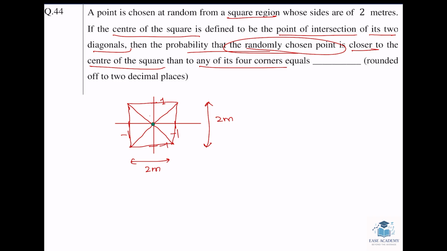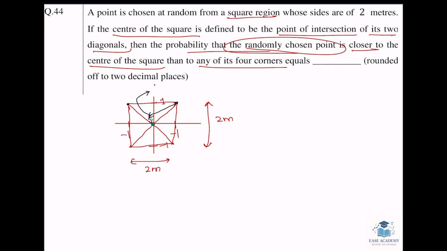Let's take the point to be this. I have to find the distance of this point to the center, and the distance between this point and any of the corners. Let's take this corner.